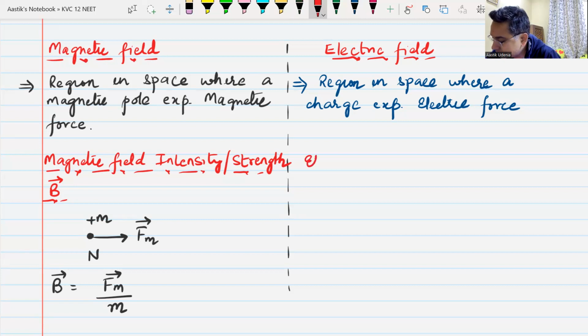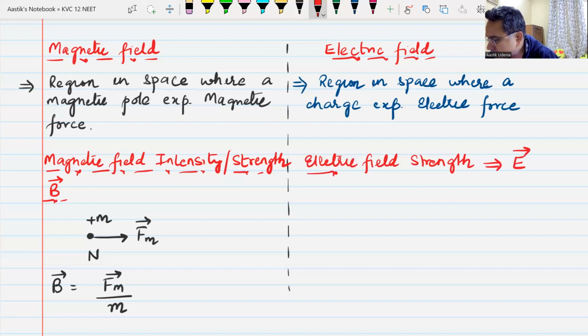Electric field, or electric field strength or electric field intensity, is denoted by the vector E vector. How do I find the value of E vector at any point in space? We have already done that.